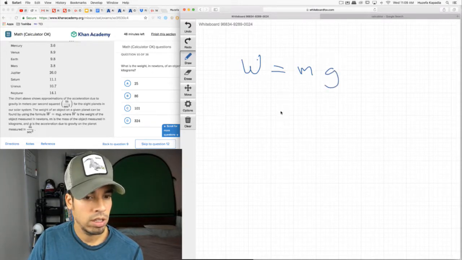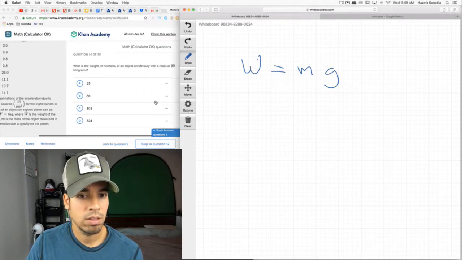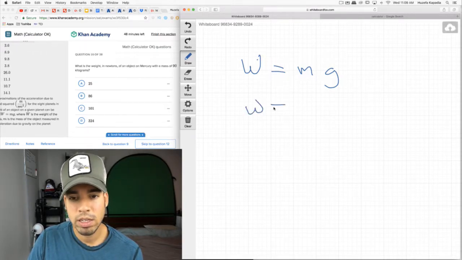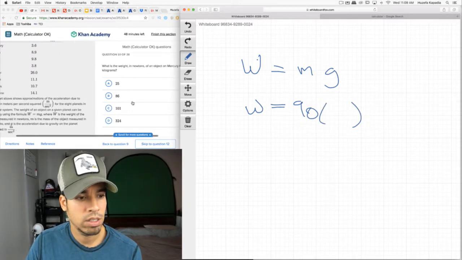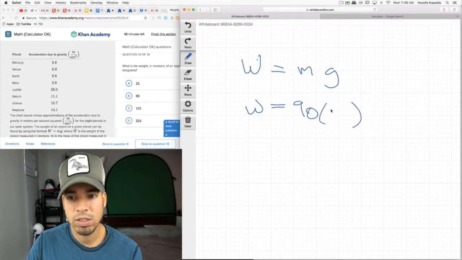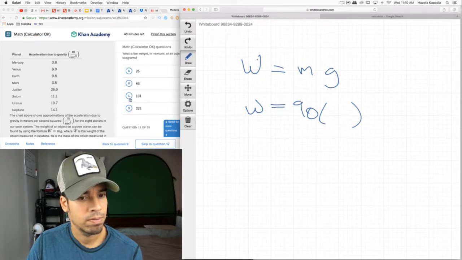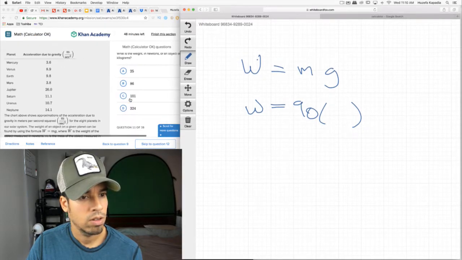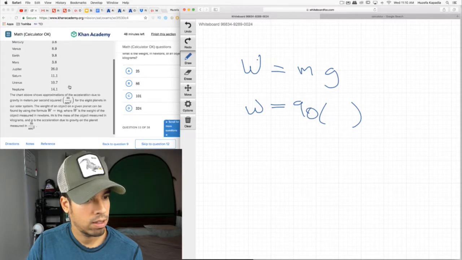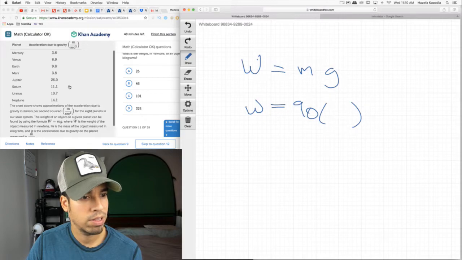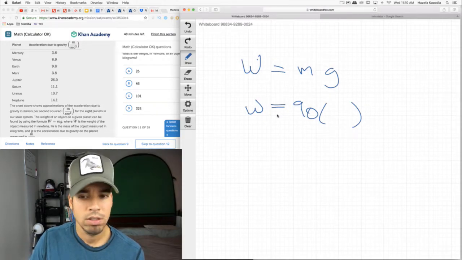So the weight has a mass of 90, so weight equals 90 times, what is the acceleration on Mercury? It's 3.6. G is the acceleration due to gravity on the planet, so 3.6.